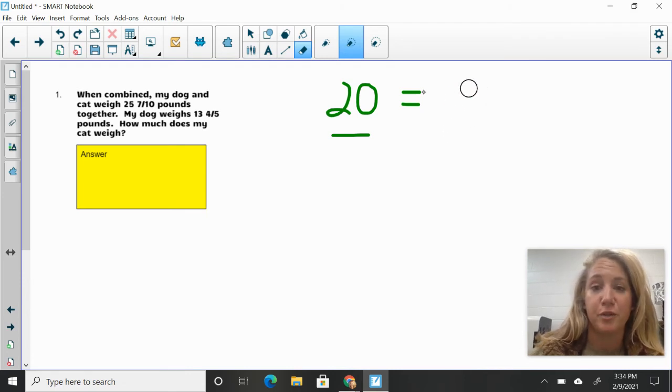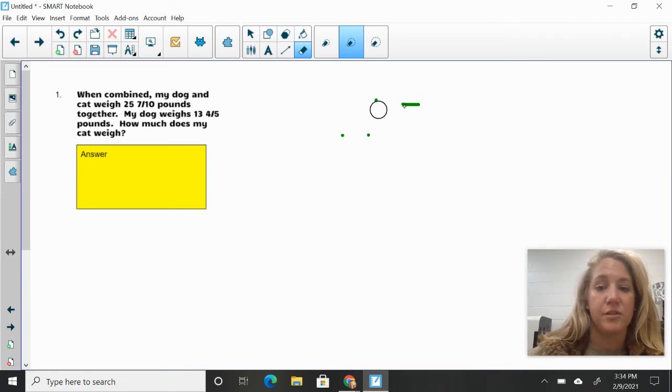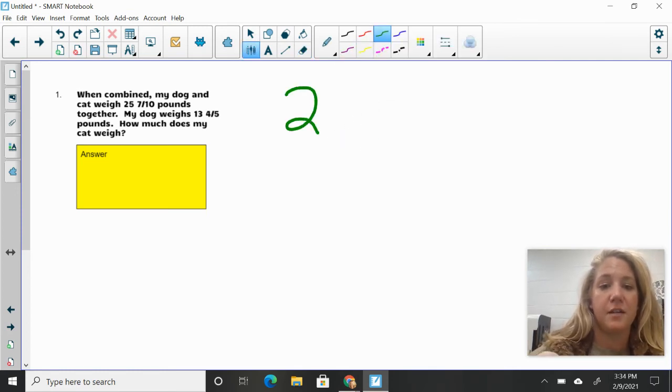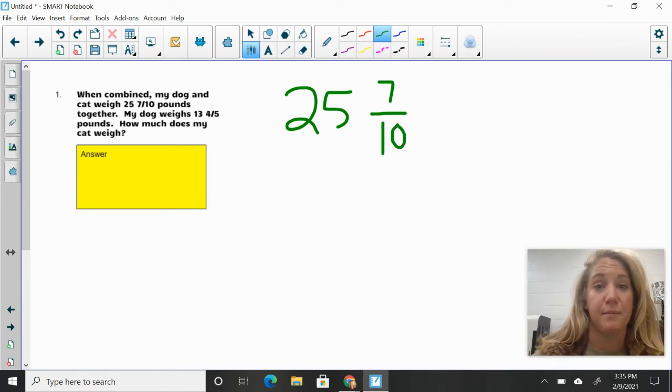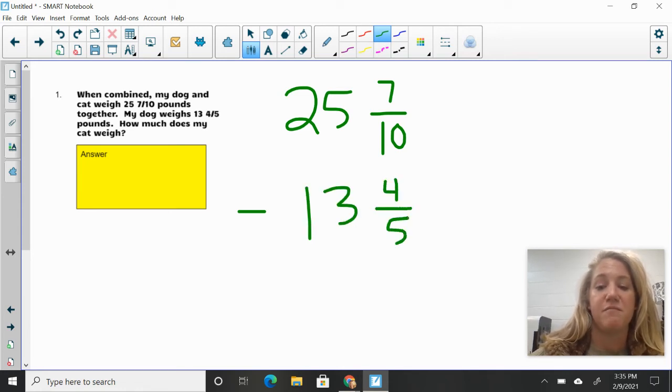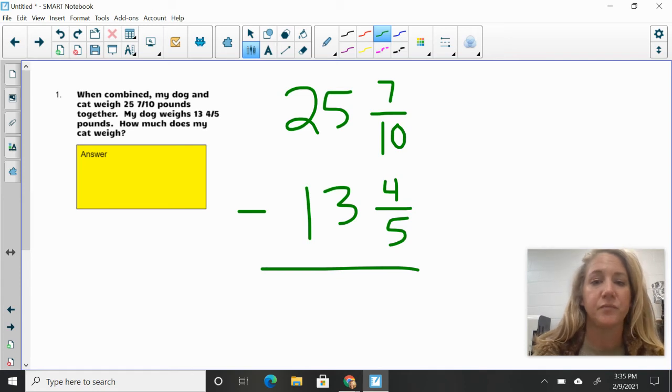So what I need to do is take 25 and 7/10, which is the total that the 2 animals weigh together, and subtract the weight of the dog. And that's going to leave me the weight of the cat. So I've got unlike denominators, 5 and 10.